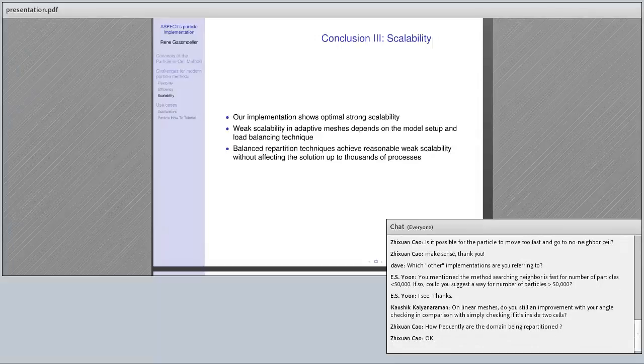And by the way, since this imbalance is mostly generated by this mesh coarsening and refinement, it is also okay to only repartition the mesh during this coarsening and refinement. Particles will move around a bit in between, but usually the refinement step introduces this imbalance.